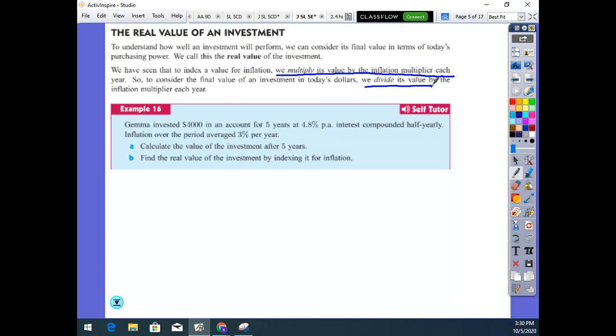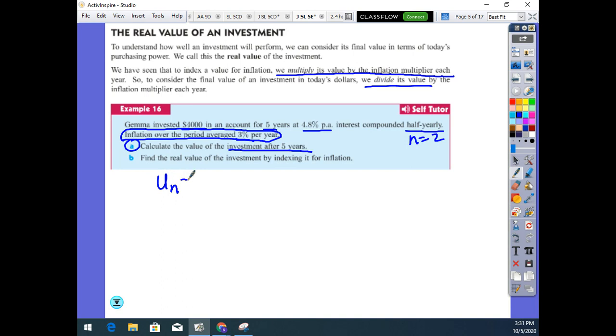Okay, first of all, she invested $4,000 for 5 years for this 4.8% interest. Half yearly means my N is 2, and this is our inflation. So we'll put this on hold for just a minute. So first of all, calculate the investment after 5 years.